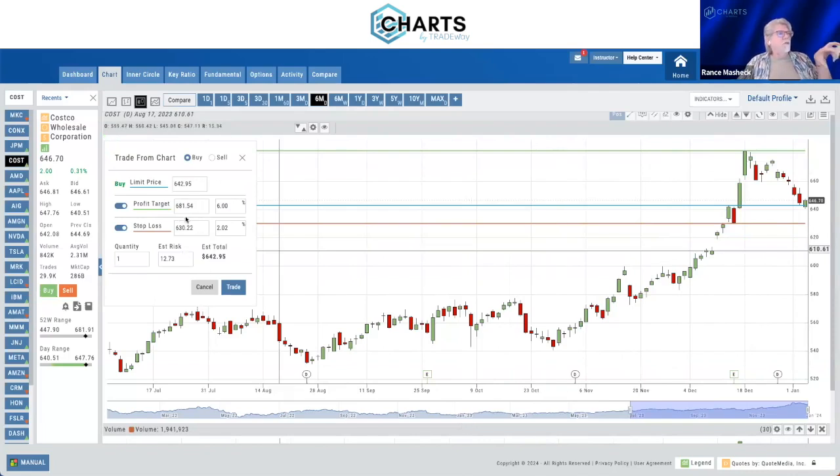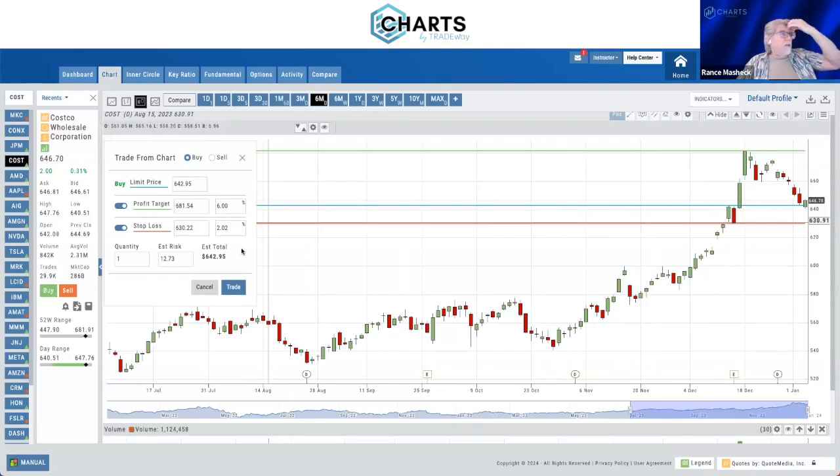Now you can also change this. If I did it visually by dragging the lines, those are the prices. However, if I want to work it a little differently, I could either enter a price, or I could enter a percentage gain or loss, and it'll show that.